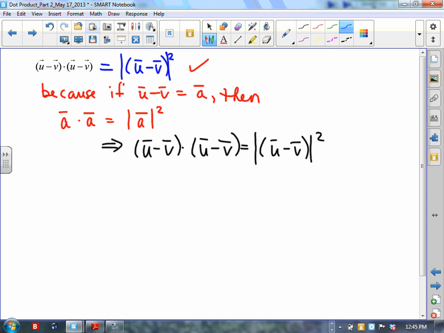The problem is that if we didn't have this definition right here, is there some other way that we could come at this and prove it?